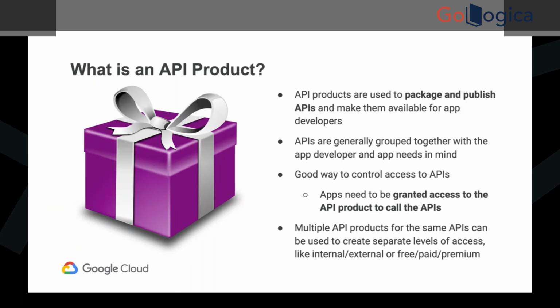Whenever a developer comes, and when I say developer, I mean a front end developer or mobile developer who wants to consume the APIs, the developer is not going to see the API, the developer will see the API product. That is what the developer will subscribe to. When the developer registers his application, he will be subscribed to an API product.